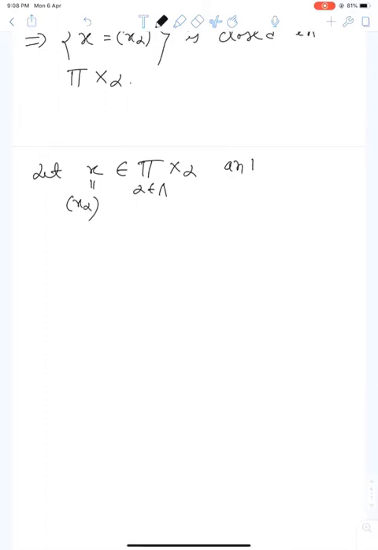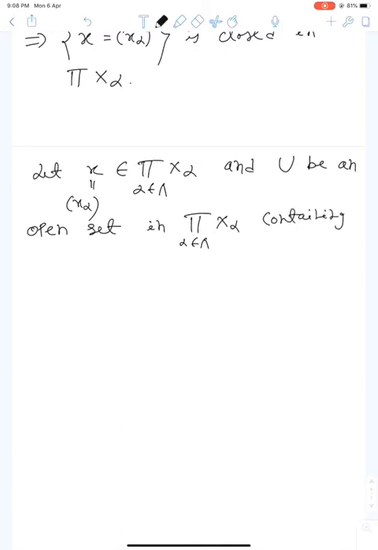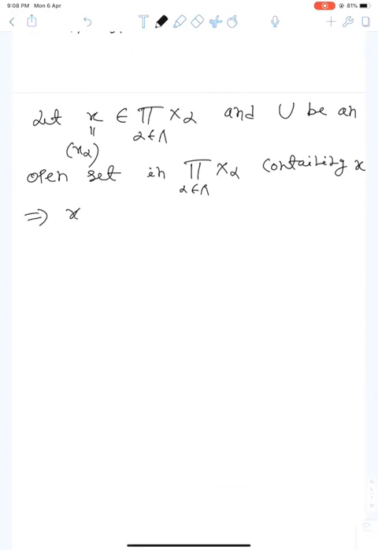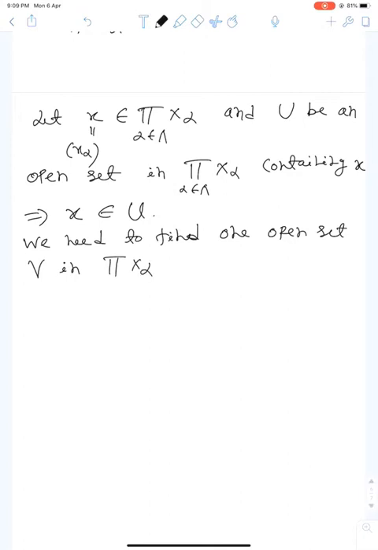Okay, and let U be an arbitrary open set in this product of X alpha containing x, that is x belongs to U. Now to prove that the product of X alpha is regular, we need to find one open set V in that product such that x belongs to V and V closure is a subset of U.